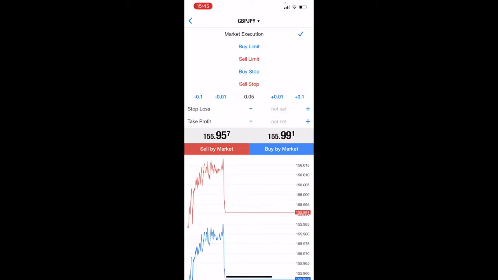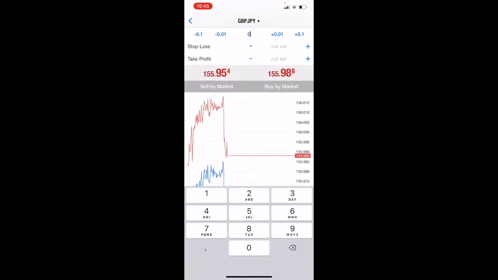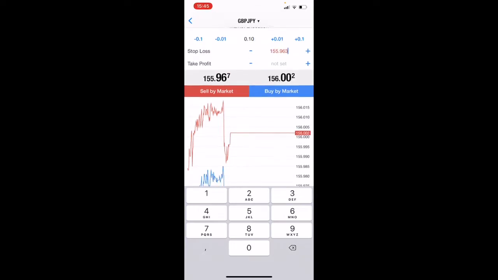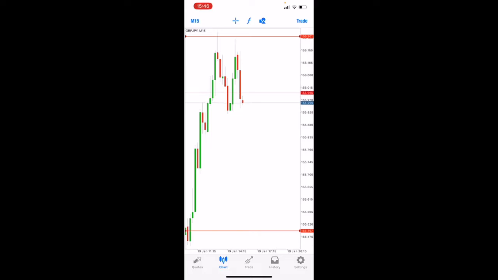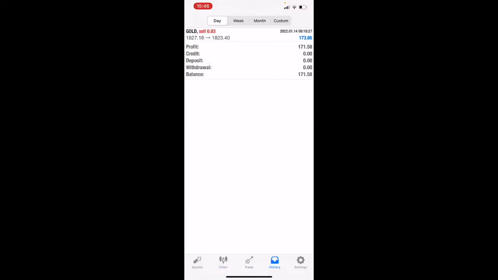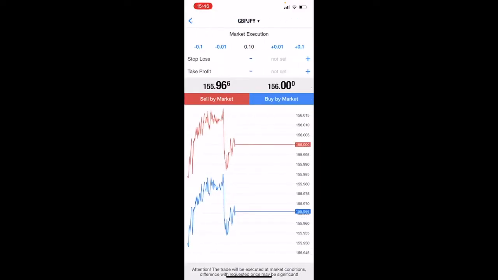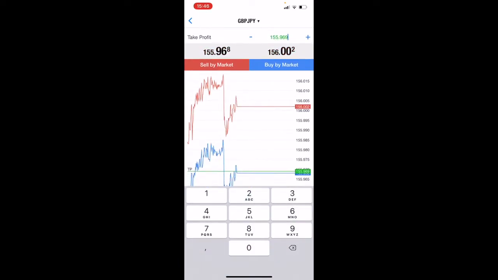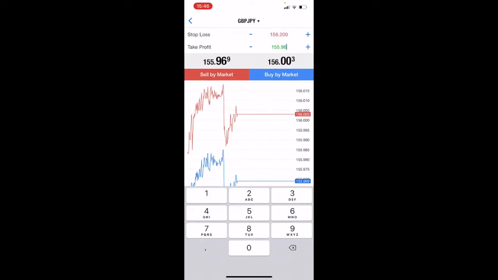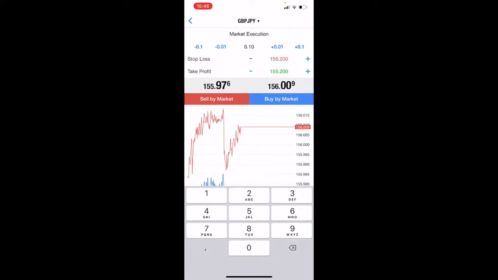Okay, market execution. You'll add whatever lot size you want. Let's say 0.10. You'll put your stop loss, 156,200. Take profit, let's say 155,200 as well. Okay, so now let's say we want to sell.